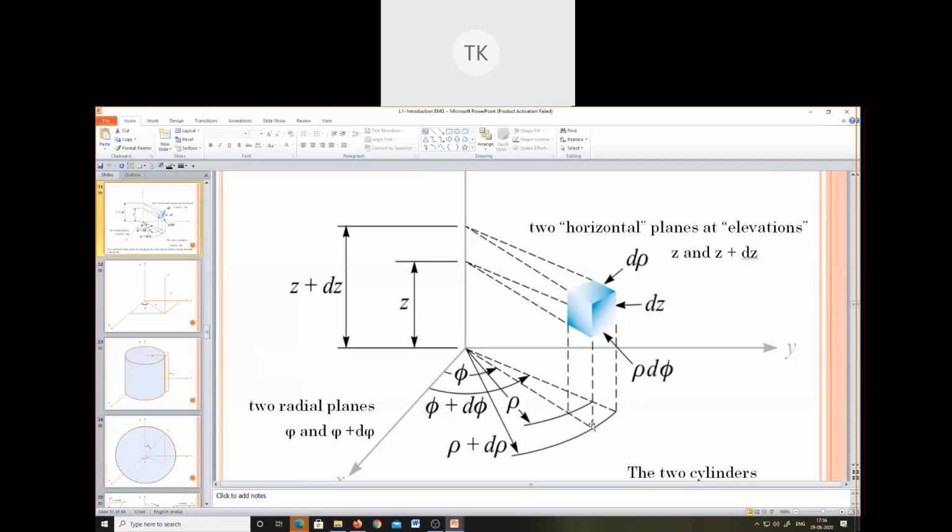We need to find out this differential surface area, which is the multiplication of this side and this side. This side is rho into d phi, and this side is d rho. So the differential surface area in the xy plane is the multiplication of rho d phi and d rho. So the differential surface area is rho d phi d rho.